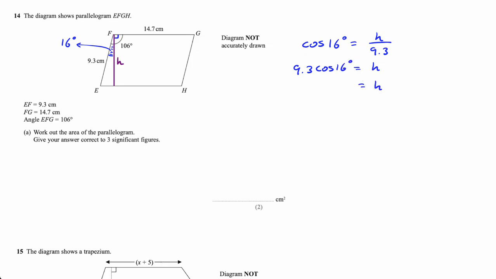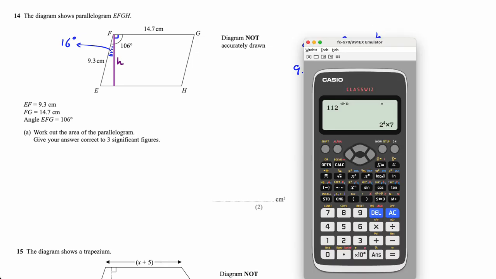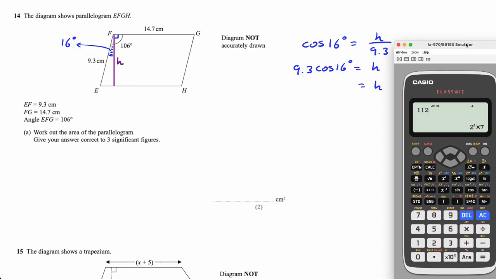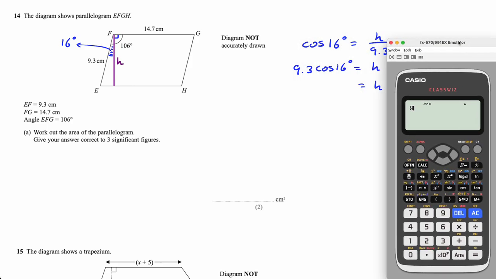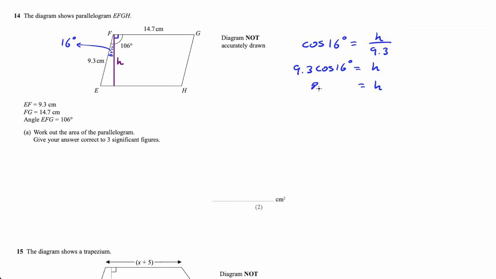Let's do that on the calculator, guys: 9.3 times cos 16 degrees, which is 8.9397. Okay, that's an 8, by the way, guys.